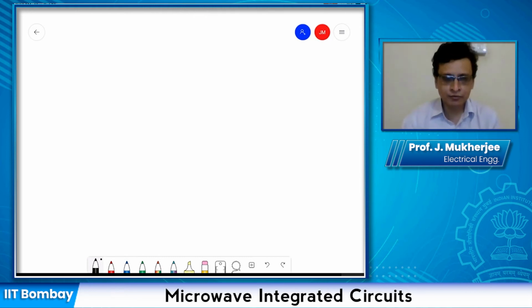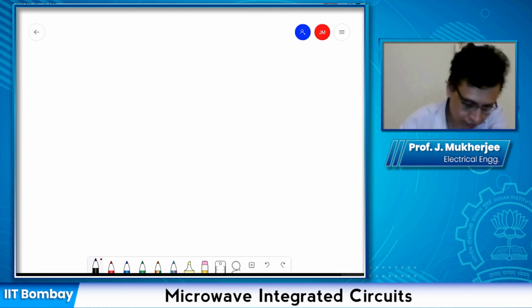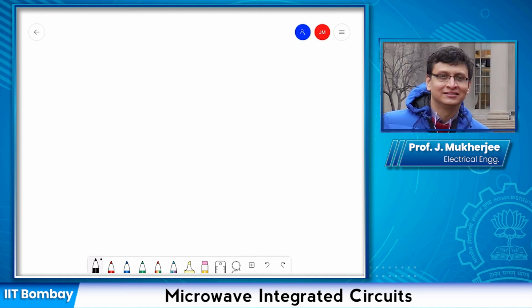So in the previous part, we just covered the mathematical framework of four-port couplers. In this part, we'll actually discuss the various types of couplers. So, couplers, as I said, are of two types. We just discussed it in the previous part.